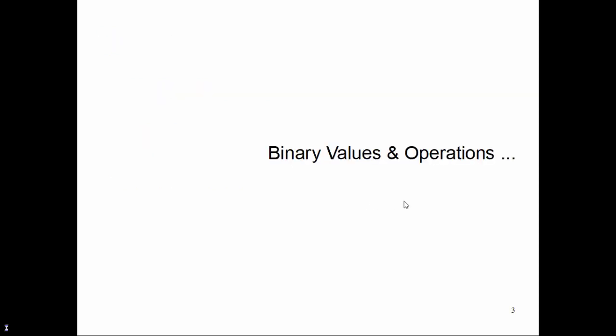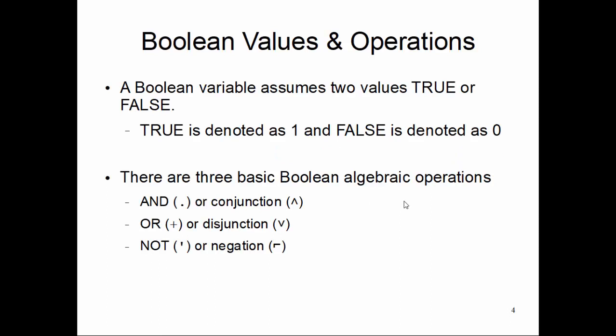To start with, this is very easy. As a recap, a Boolean variable assumes two values, true or false. Like any algebraic variable, it can assume values, like arithmetic values, which can be integers, real numbers, and so on. But Boolean algebra can take only two values, true and false.